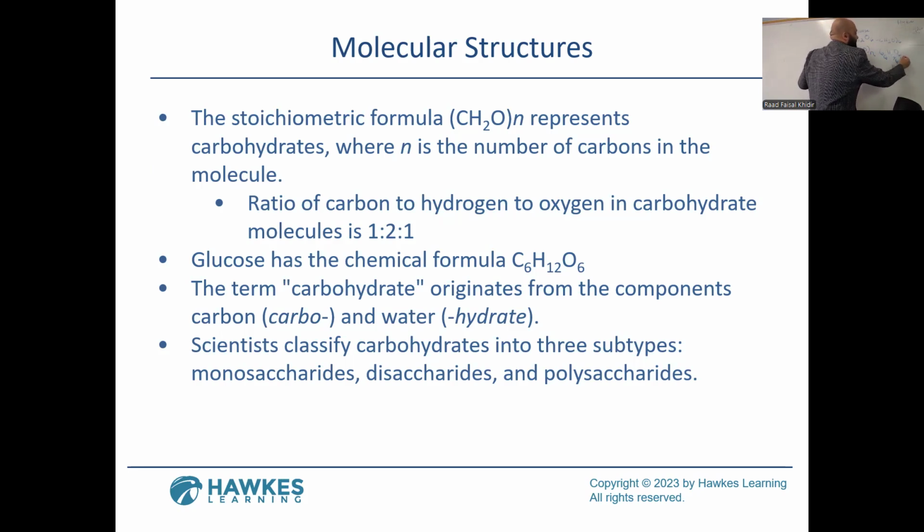Oxygen divided by 6 gives you 1. And carbon divided by 6 gives you 1. So the N just shows you there is a common number that you multiply all of the constituents in the stoichiometric formula for the carbohydrates, and you will get your carbohydrate of interest.